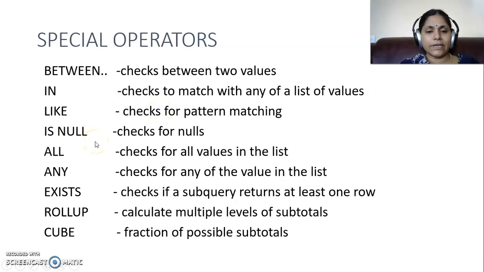Is null checks whether the attribute is null. All checks for all the values. Any, and exists, check whether a subquery returns at least one row. That I will be explaining shortly in the next videos. Roll up and cube: we are using only up to exists, so these two are not considered in our syllabus.